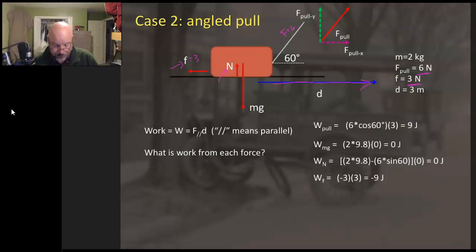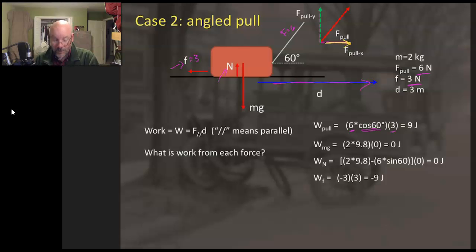So the work done by the pulling force, what we need is the amount of the pulling force that's in the same direction as my displacement. My displacement is 3. My pulling force is 6, but I've got to throw in the cosine there, because that's going to get me this horizontal component of my pull.